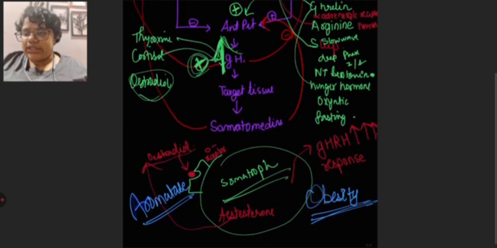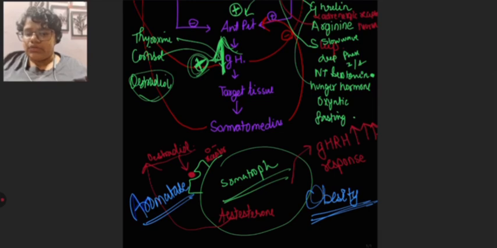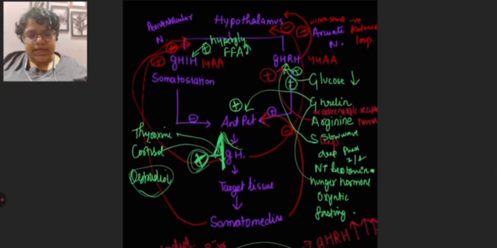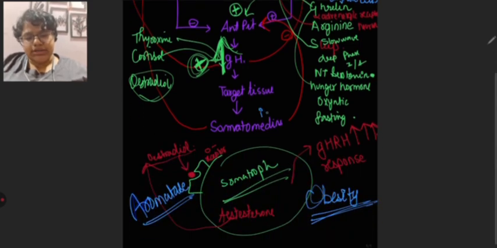Also with age there is down regulation of receptors, and with age growth hormone secretion decreases. Okay, so these were the factors roughly, and these somatomedins are insulin like growth factors.